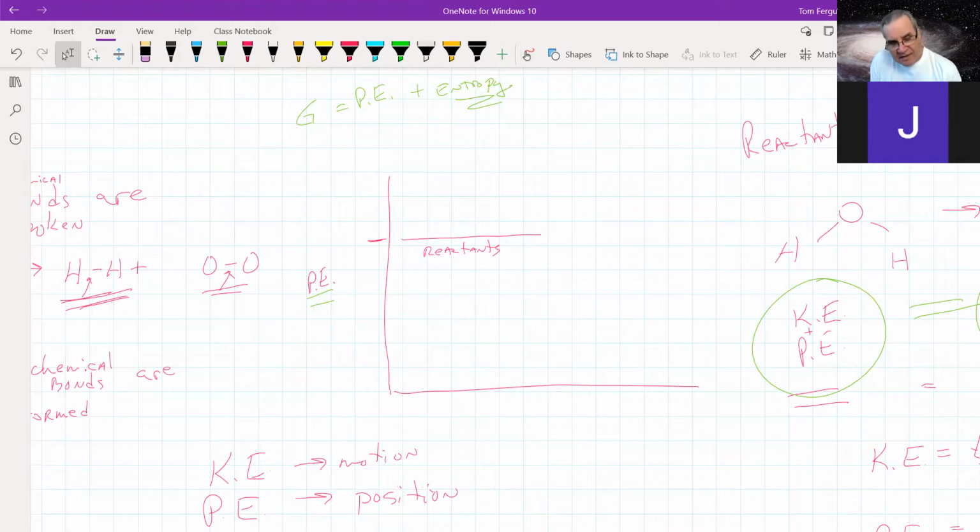Things that are more stable have lower potential energy than things that are unstable. So if we're going to have products that are more stable than reactants, the potential energy needs to be less.